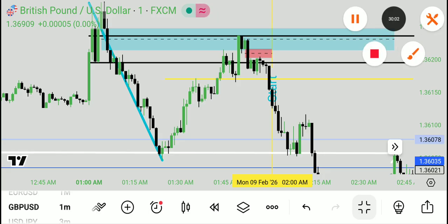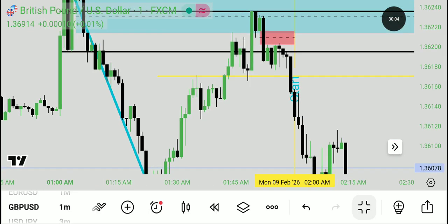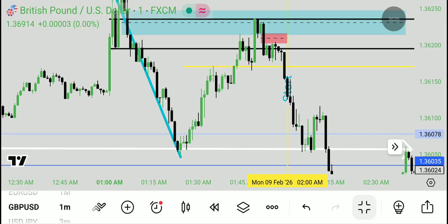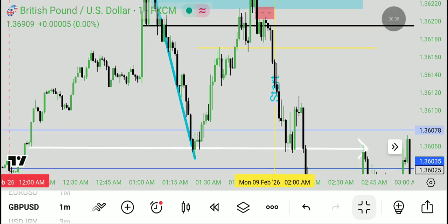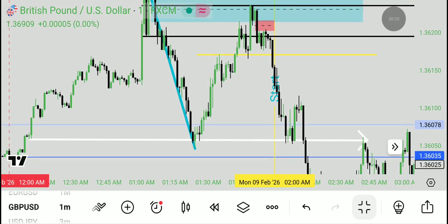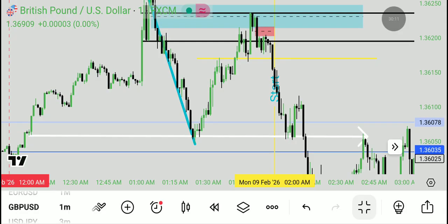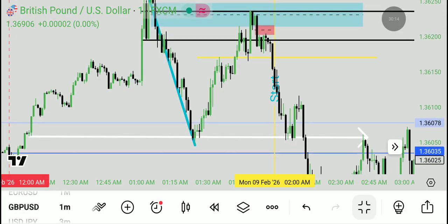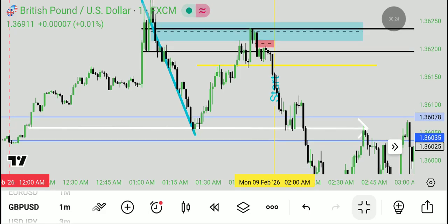You can see, and you pick your entry over there. Look below, you will see the weekly opening gap, you will see relative equal high, and you will see the midnight opening gap below after the measurement.